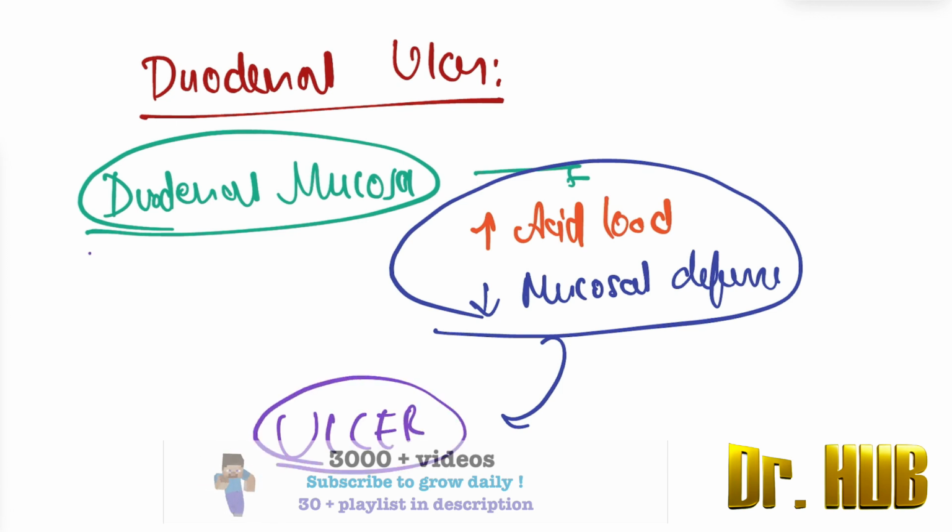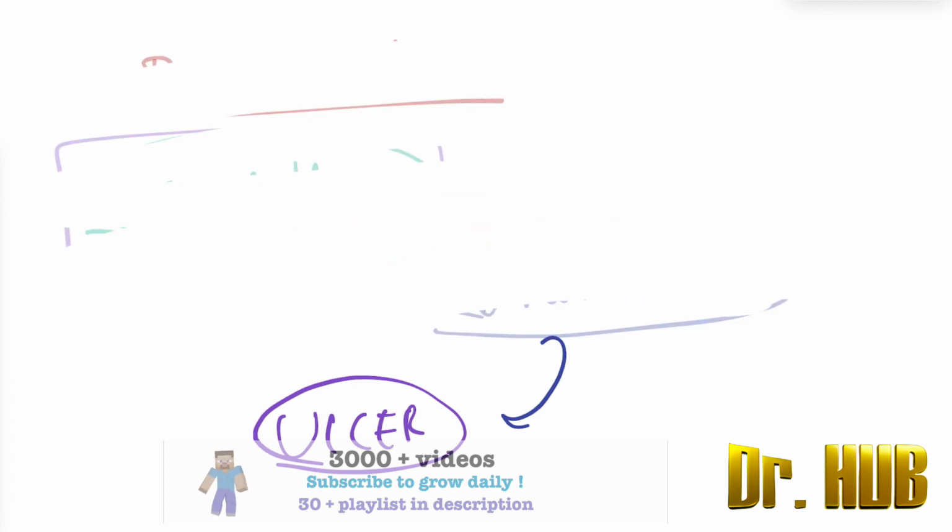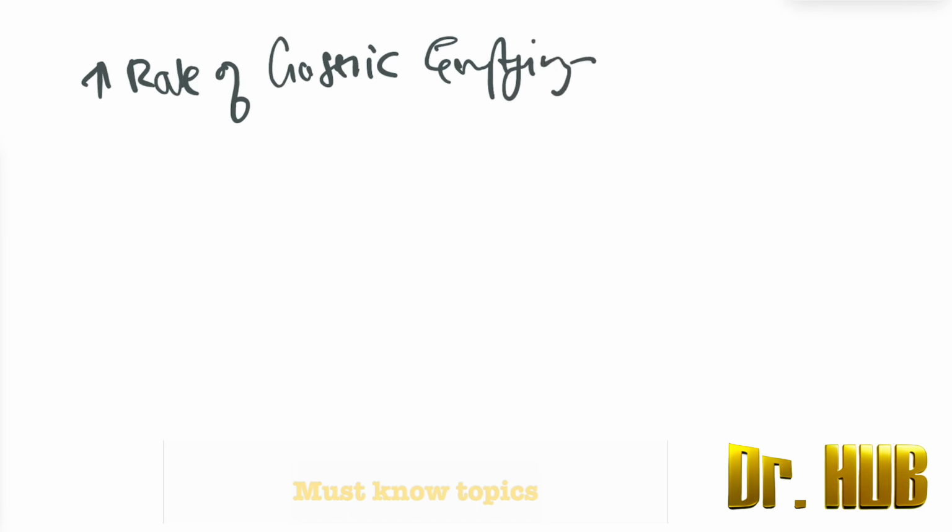Now let's focus on how the duodenal mucosa is being affected. Firstly, it may be due to an increased rate of gastric emptying. This can be a cause.